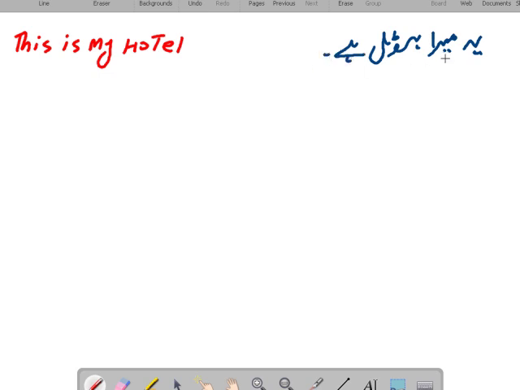And we know that मेरा is the possessive form. मैं, मेरा, मुझे. मैं is subjective form. मेरा is possessive and मुझे objective form. So ये मेरा होटल है, this is my hotel.